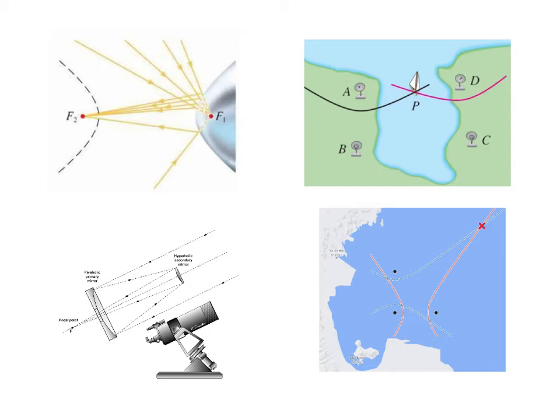So one example that uses this would be certain types of telescopes. There are all sorts of different types of telescopes, so this certainly isn't all of them, but there's one type of telescope that has two mirrors. The main mirror is parabolic in shape, and then the smaller mirror is hyperbolic in shape.